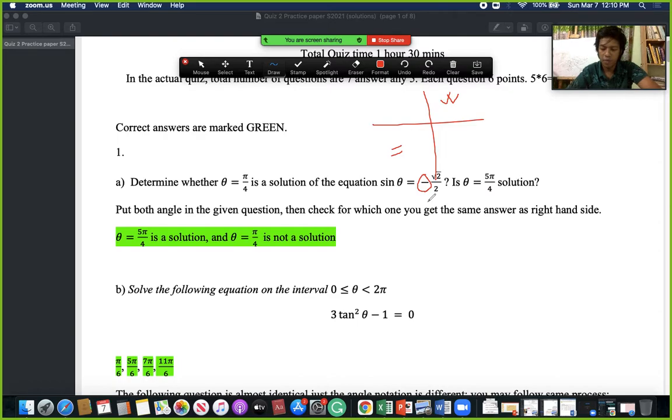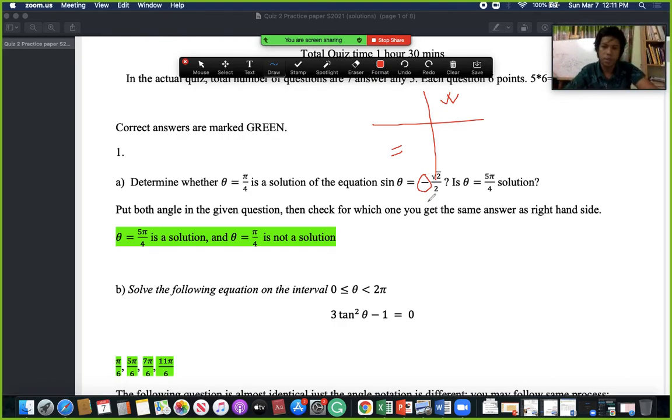If you write 5 into 180 divided by 4, you get 225, and sine of 225 equals minus 0.707, which is minus root 2 by 2, also 0.707.